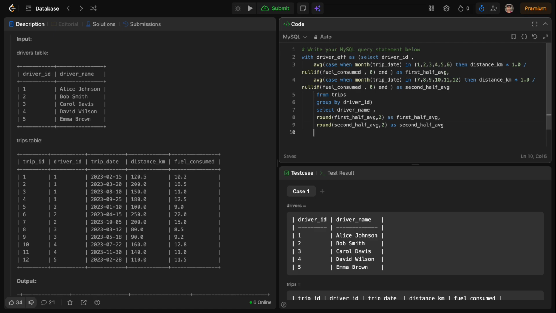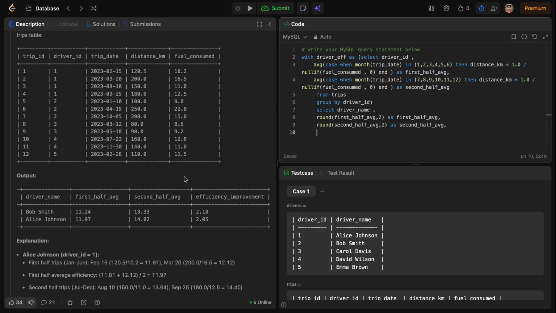Now the very important thing, the efficiency improved. For the efficiency improved calculation, we round the second half minus the first half with the same 2 decimal places, as efficiency improved.